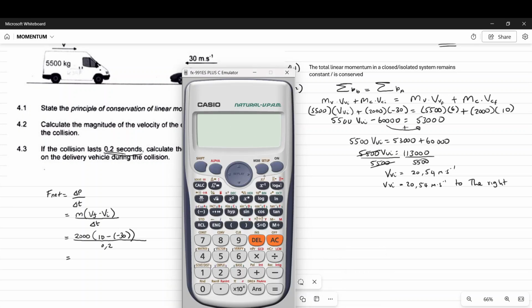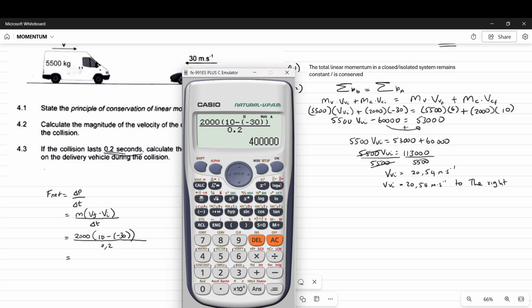Now we can put this in our calculators. So you can say fraction 2000, times 10 minus open bracket negative 30, close bracket, all over 0,2.